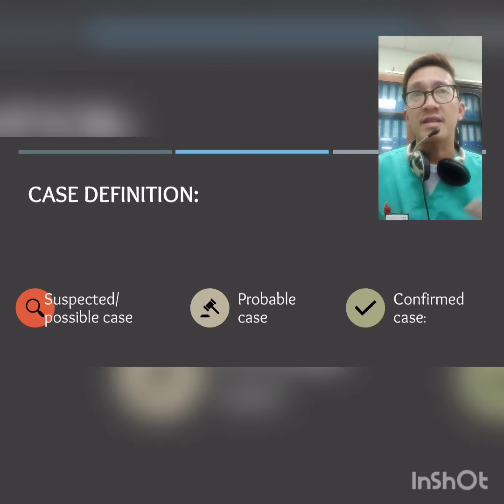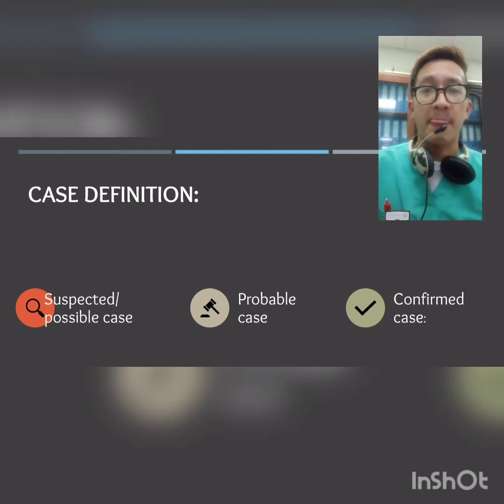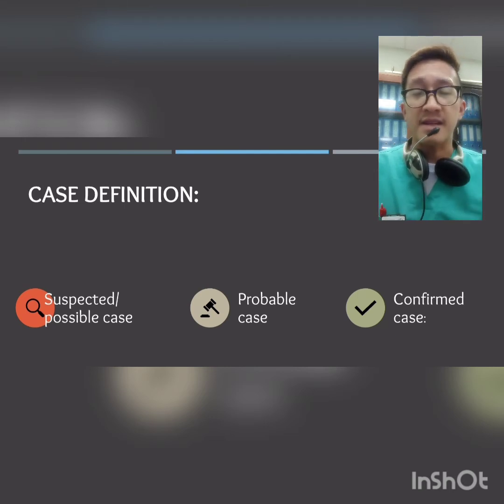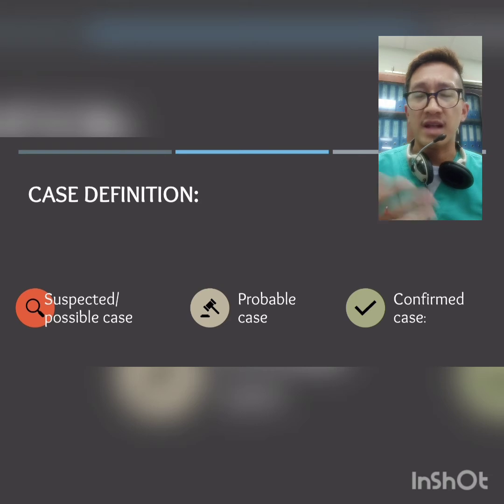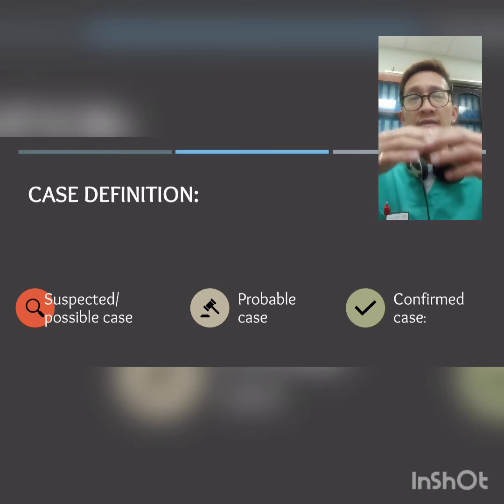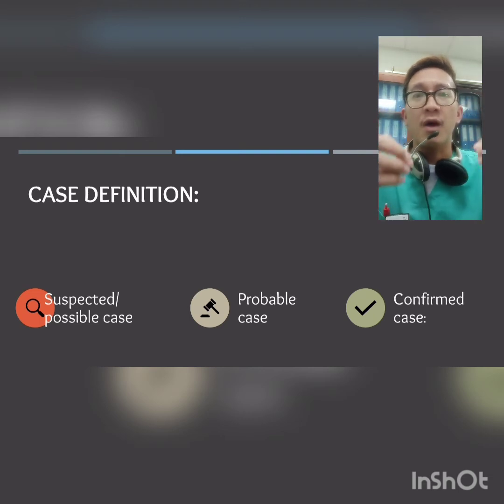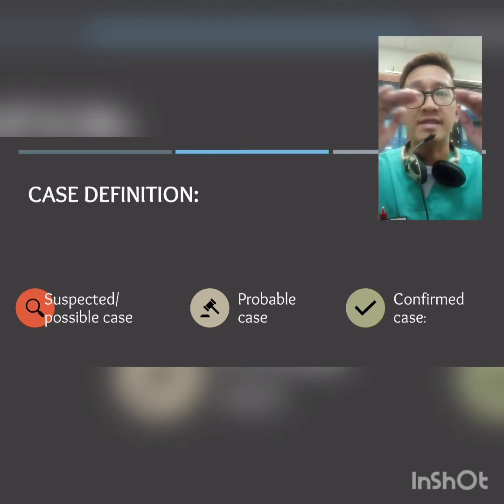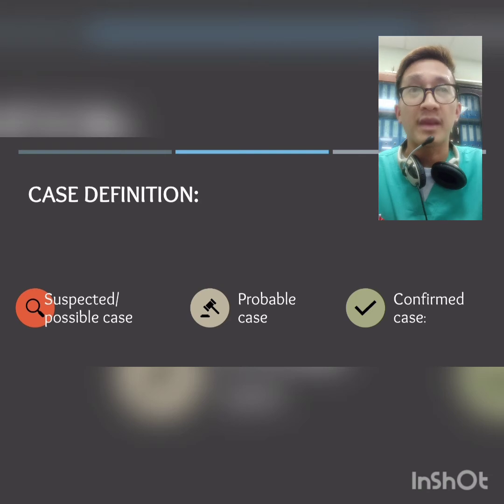So these case definitions are how we are going to define suspected cases of certain diseases. Aside from MERS-CoV and COVID, we also have case definitions for leptospirosis, Kawasaki disease, and measles, in which we have different sets of criteria on how we are going to define such a case or infection.